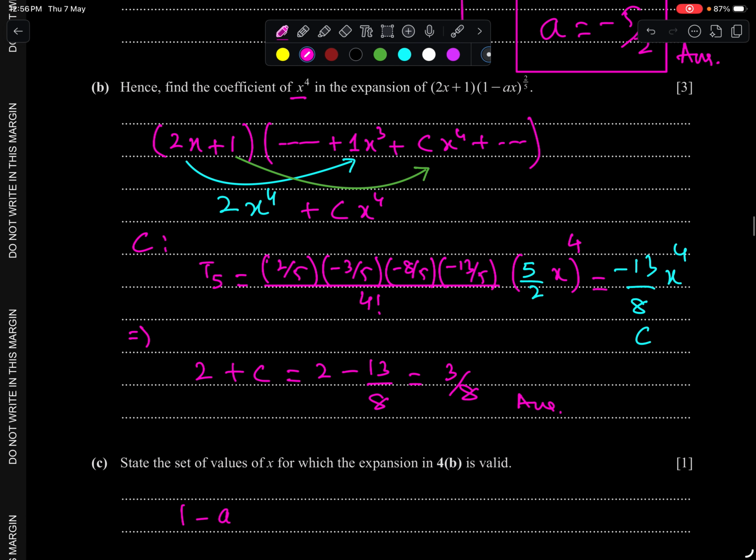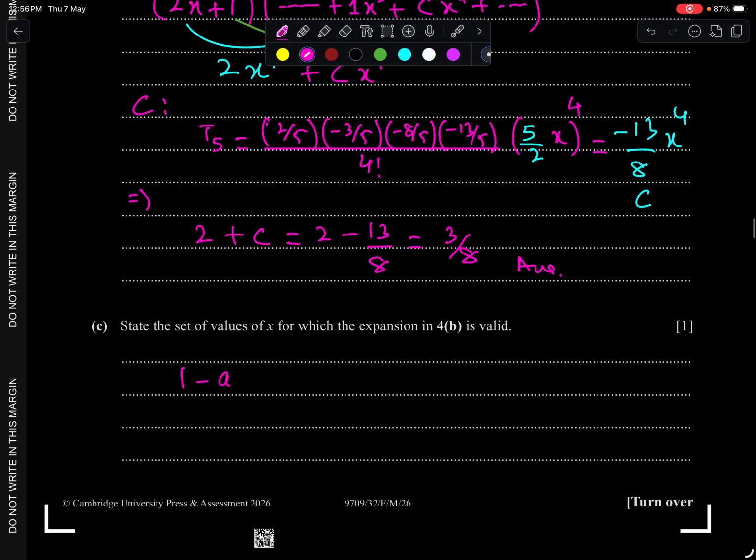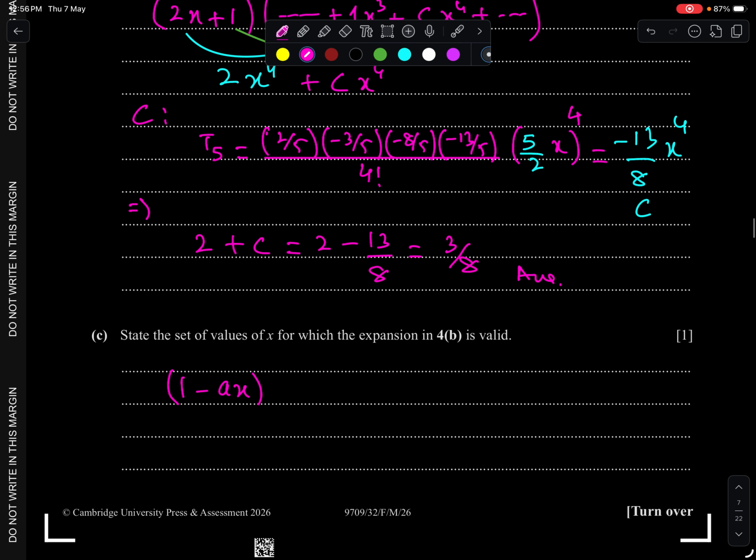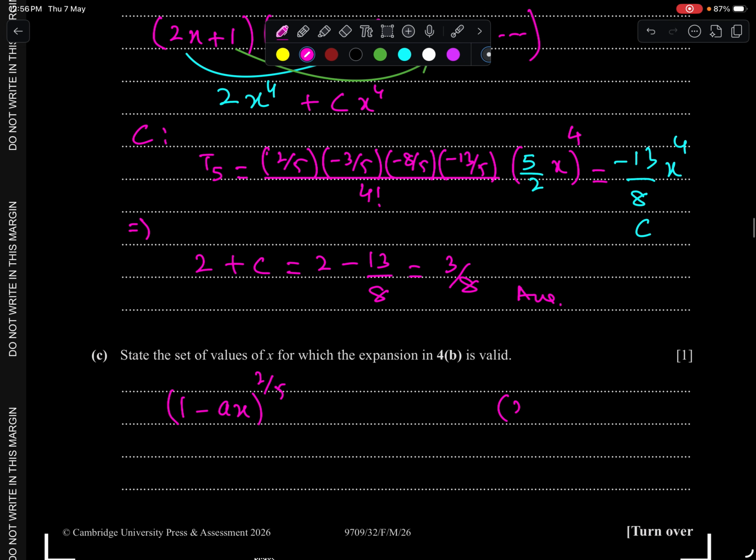So 1 minus ax, so its power 2 upon 5. In fact, take both the expansions. If we have product, then take both the expansions.